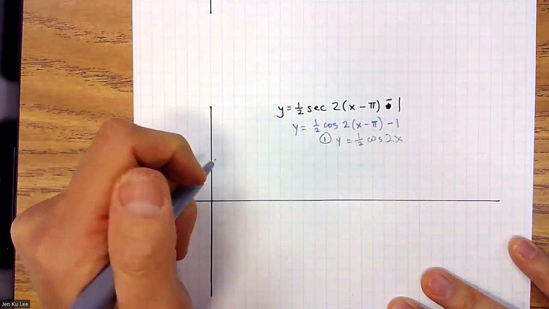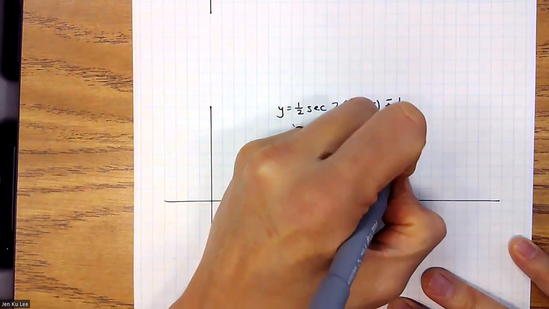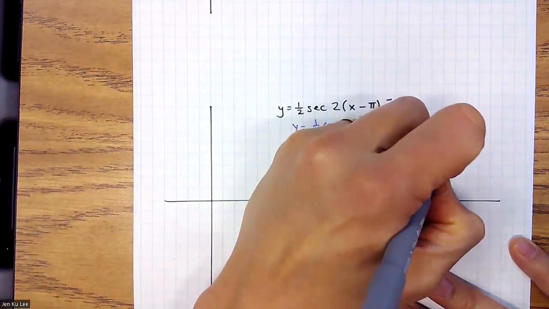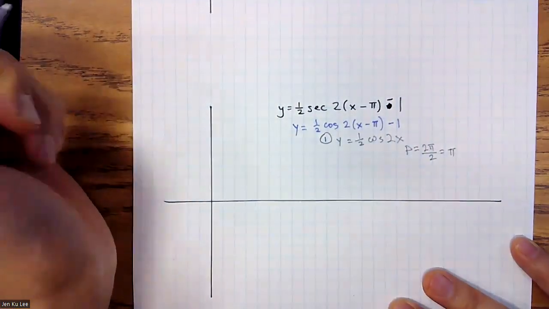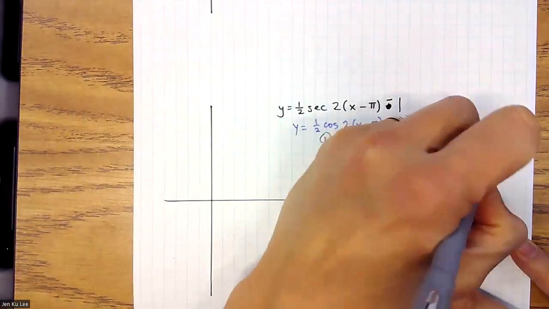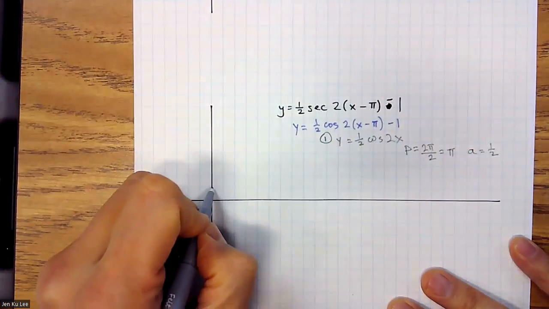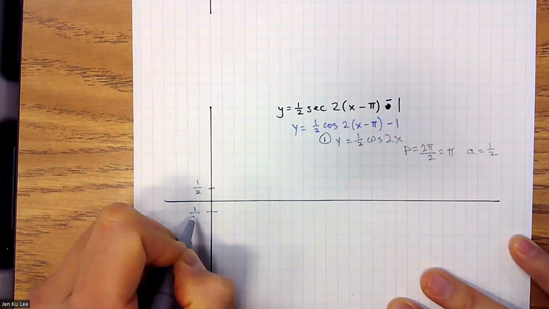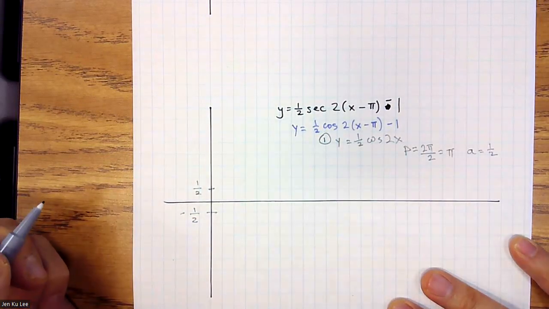So here, my period is 2 pi over 2, which is pi. Okay, my amplitude is 1/2. So you know what? I'm just going to make this 1/2. Make this 1 unit negative 1/2. Okay.